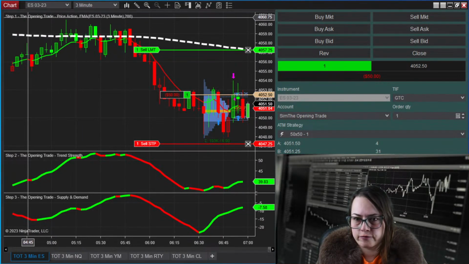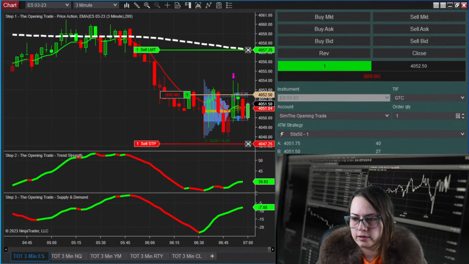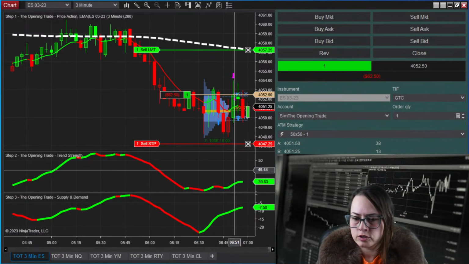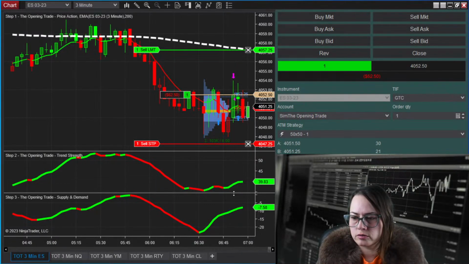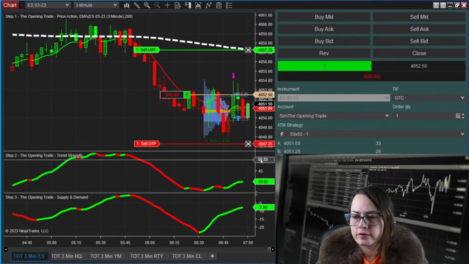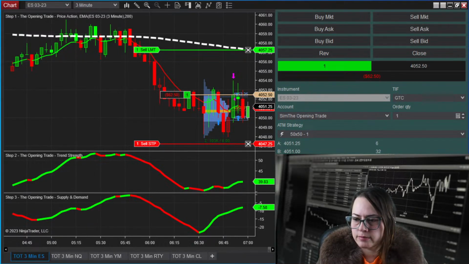So I'm looking for step one to show me the candle indication in the color that I am looking for at the time to match up with step two. If step one and step two are the same color, it's a pretty good indicator that I want to be paying attention. Maybe I want to get in on a trade.